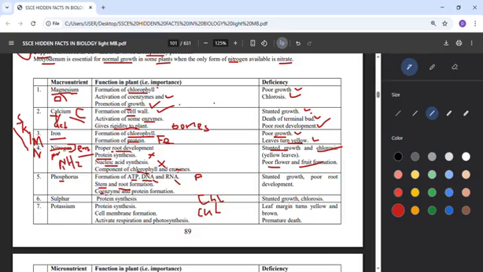Then phosphorus can also be a coenzyme, just like we have known in NADP, nicotinamide adenine dinucleotide phosphate. So that P now represents phosphorus. So from the coenzyme we can find phosphorus.